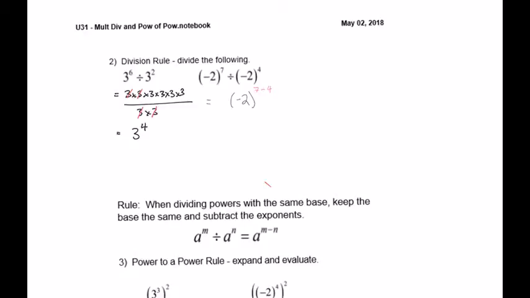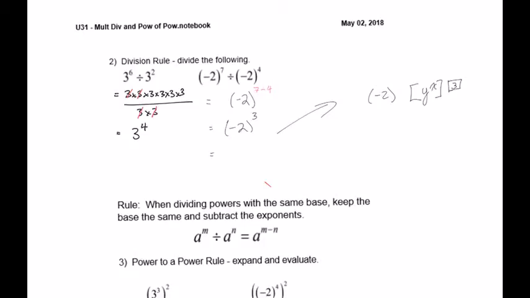So when we do our final answer, we're looking at negative 2 in brackets raised to the 3. Punching that in your calculator, you're going to type in negative 2, then hit y to the x, and then the number 3.